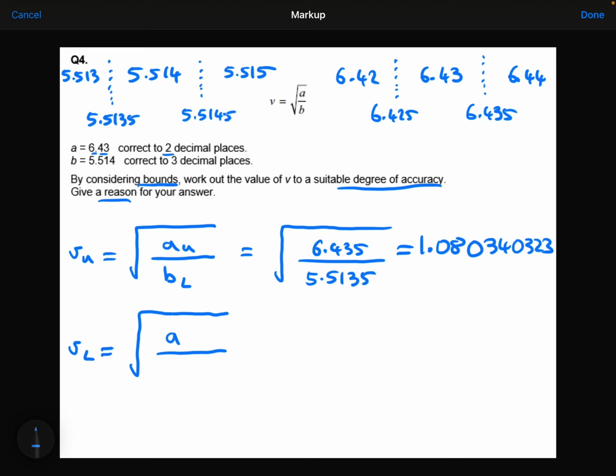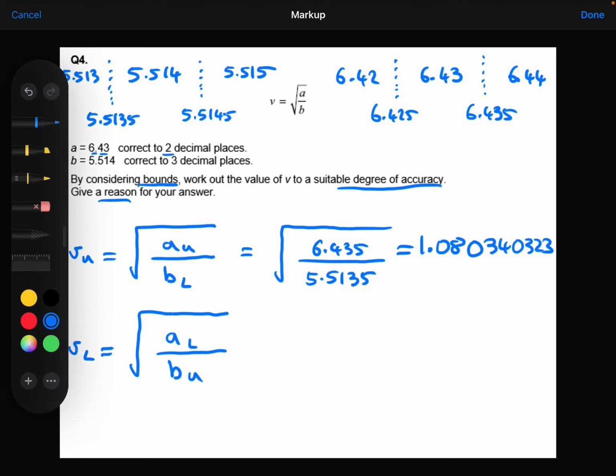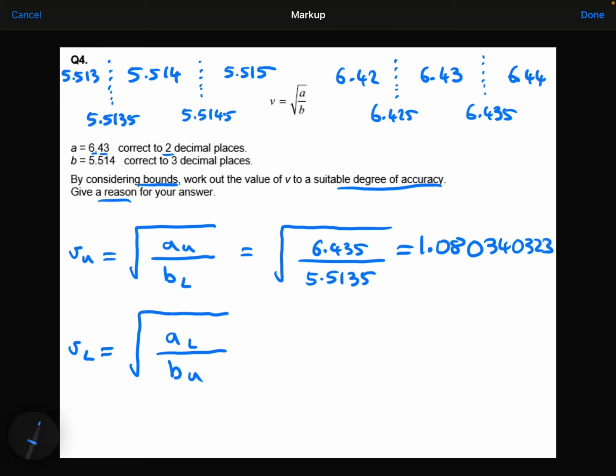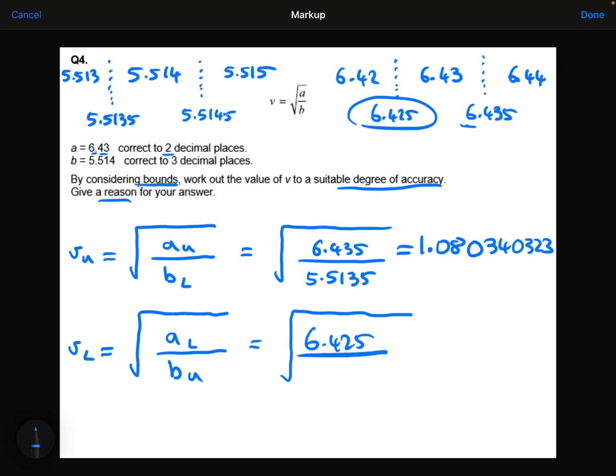To get the lower bound for v, we want to do the lower bound for a divided by the upper bound for b. To get the smallest number possible, you want to do the smallest number divided by the biggest number. The lower bound for a, we know that's the 6.425.